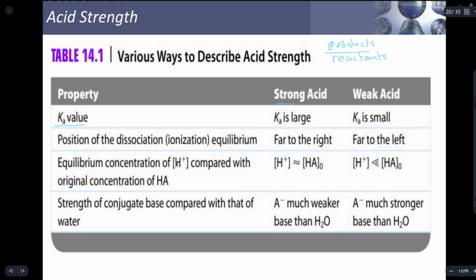Comparing the concentration of H plus ions in the solution to the amount of HA acid in the solution, and comparing the strength of the conjugate base, where a weaker conjugate base will yield a stronger acid.